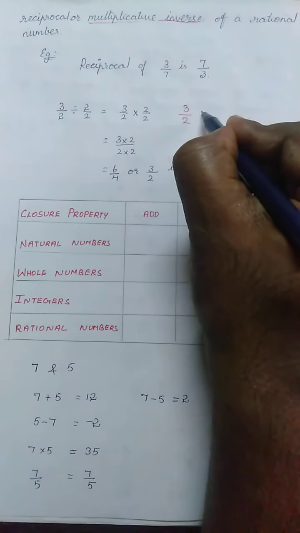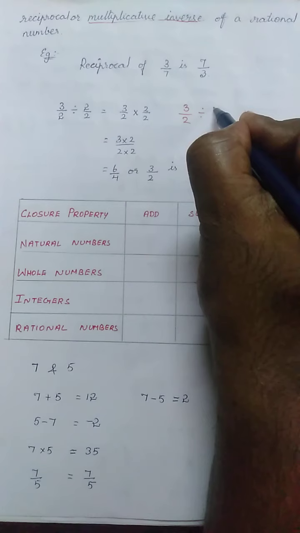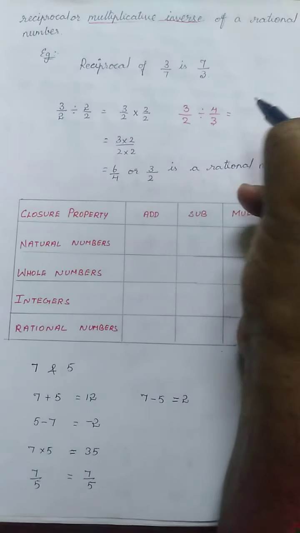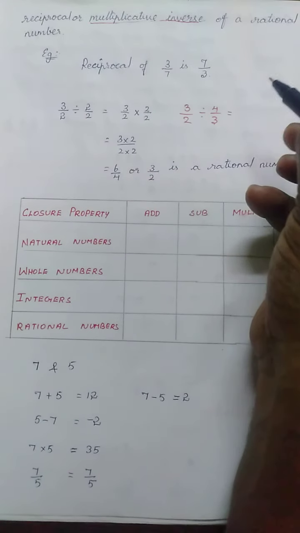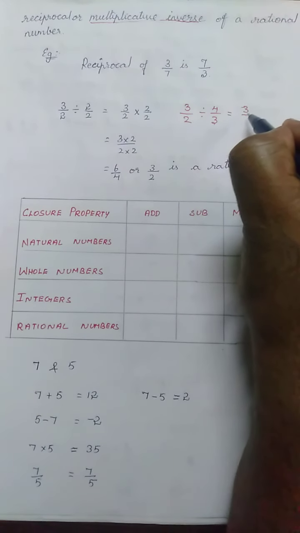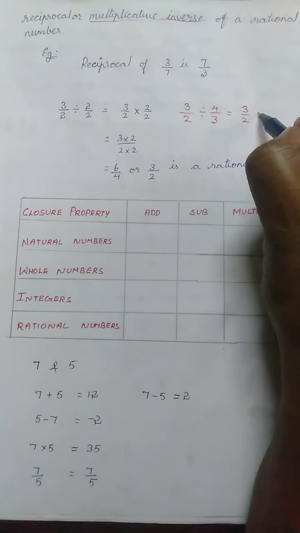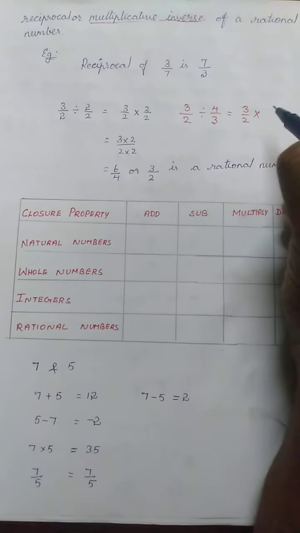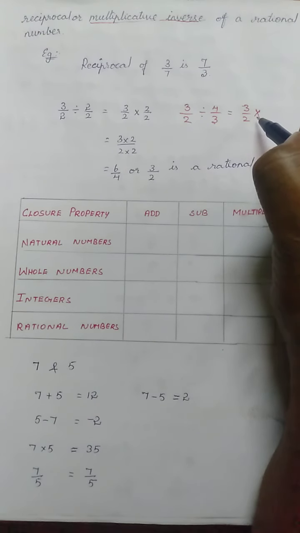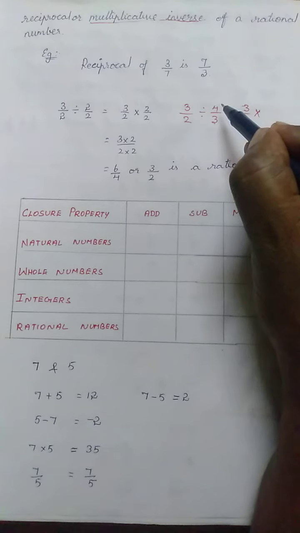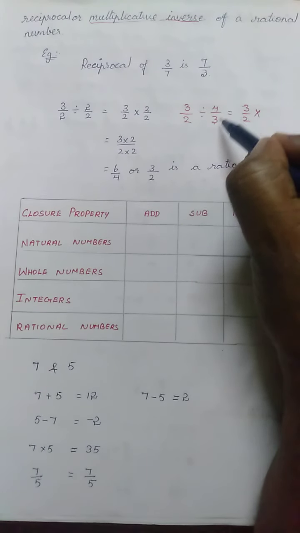3 by 2 divided by 4 by 3. So what will happen? 3 by 2 will be as it is. Instead of this division symbol, I will change the symbol to multiplication. If I change the symbol to multiplication, the next rational number will be changed to its reciprocal.